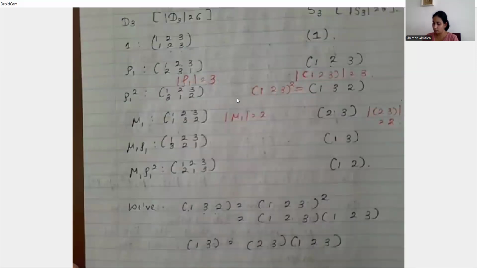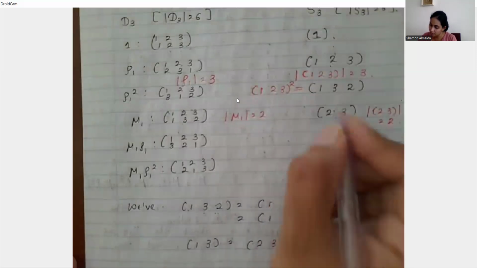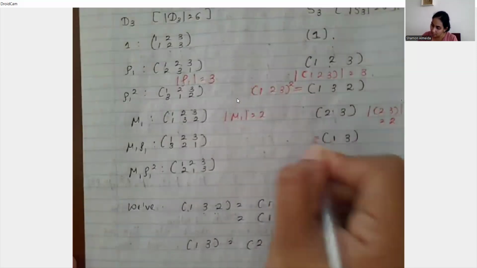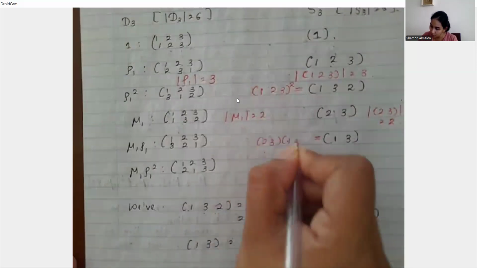Sorry, 2 is sent to 3 and 3 is sent to 2. 2 will be fixed, 2 will be sent to itself. 3 is sent to 1, 1 is sent to 1. So 3 is sent to 1. Right? So this element is the same as 2, 3, 1, 2, 3.